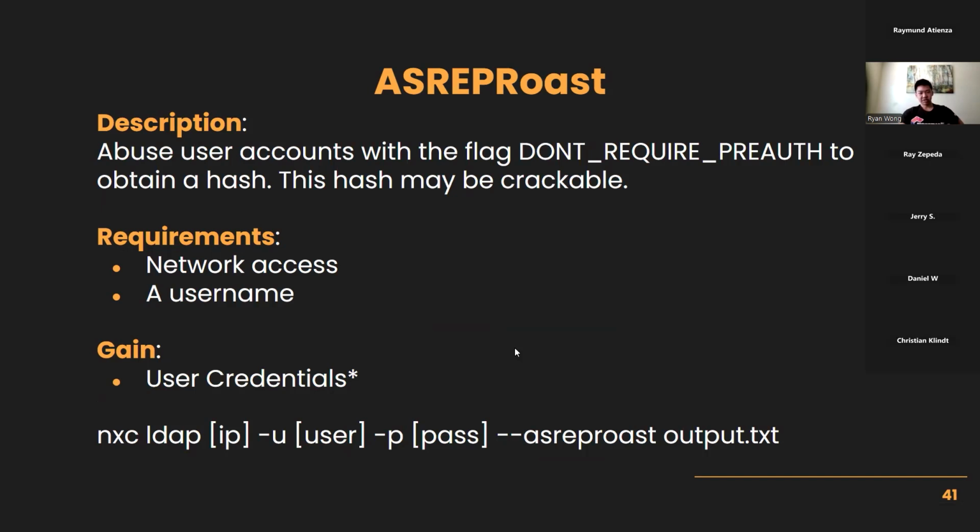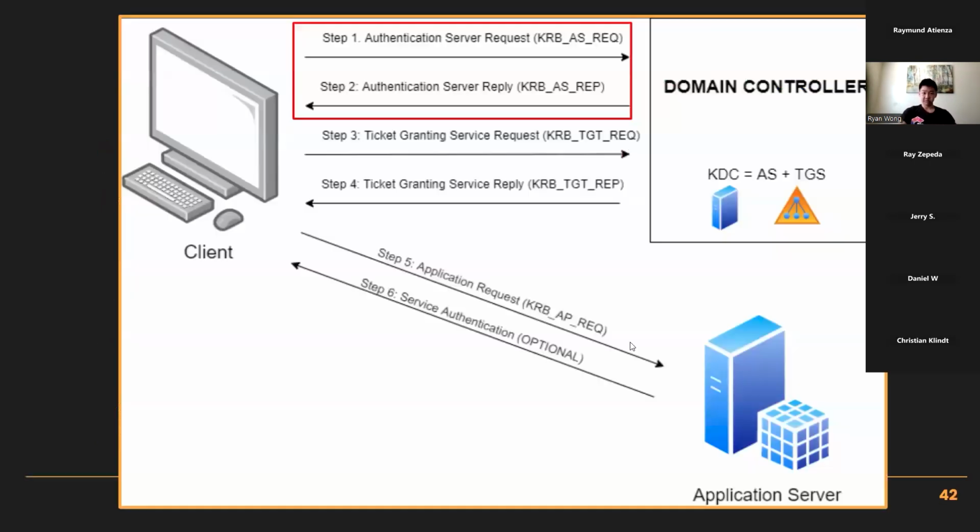For AS-REP roasting, you're going to be abusing user accounts that don't require pre-authentication. When performing AS-REP roasting, you're essentially targeting the first two stages of Kerberos authentication, and I believe I have a slide after this for that.